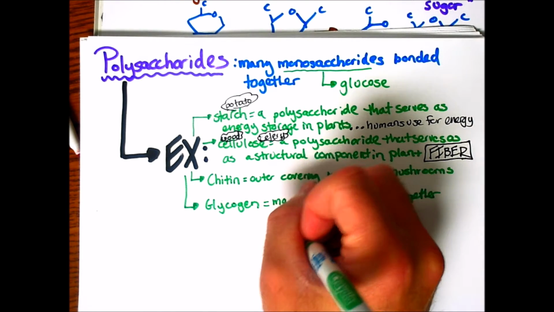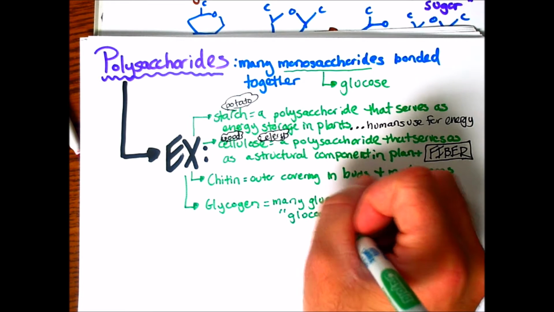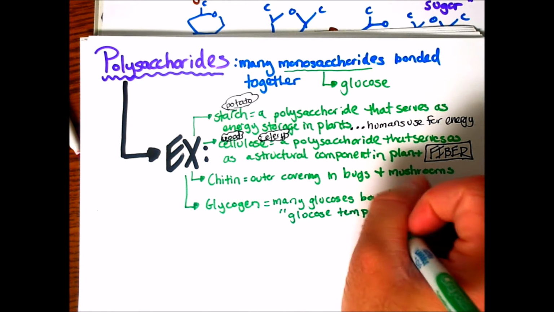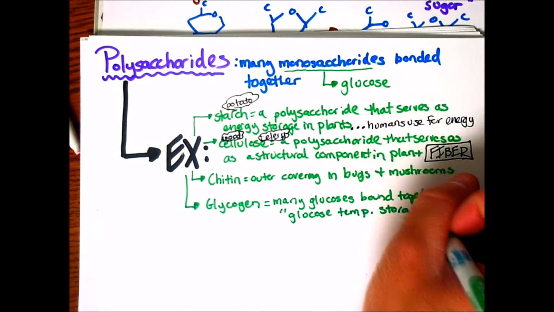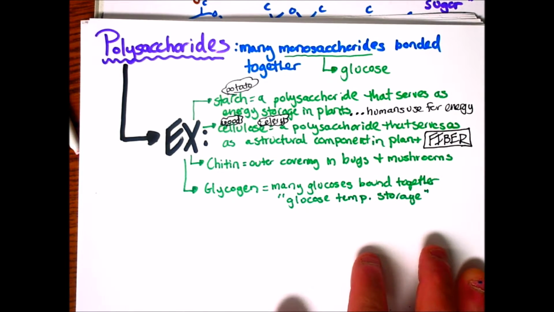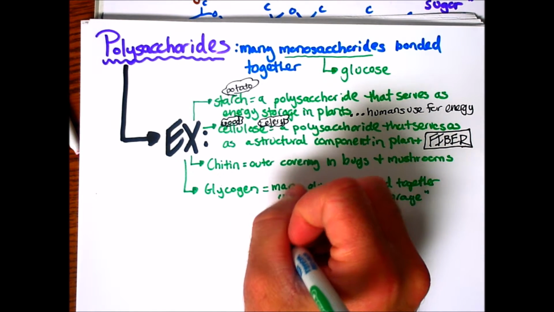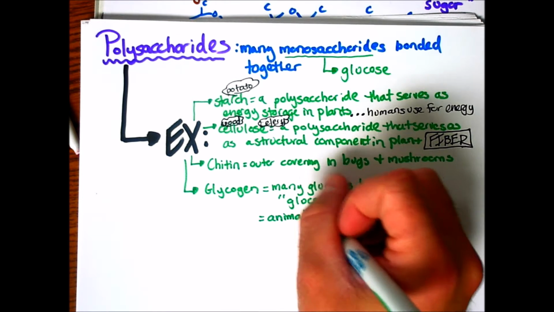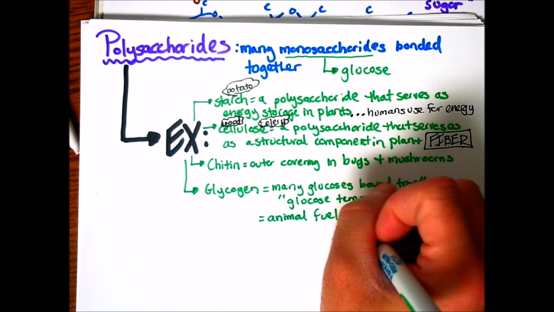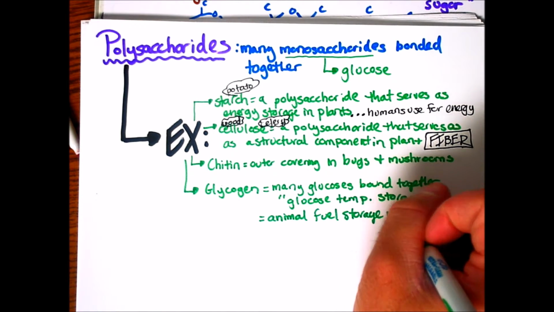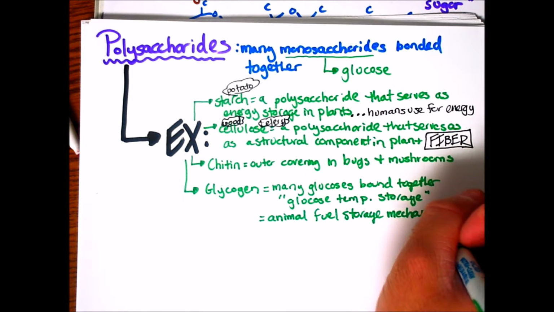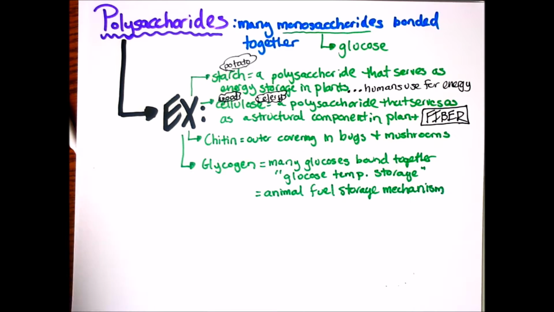I think of it as glucose temp storage so that I can use glucose later whenever I need it. So it is an animal fuel storage mechanism. That's what glycogen is. It's how we store fuels.